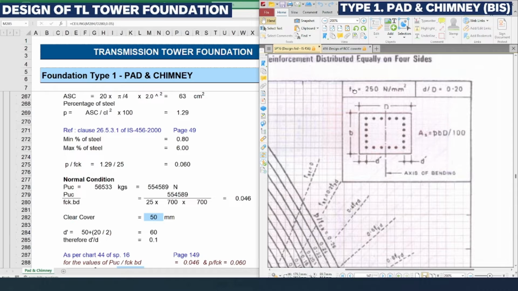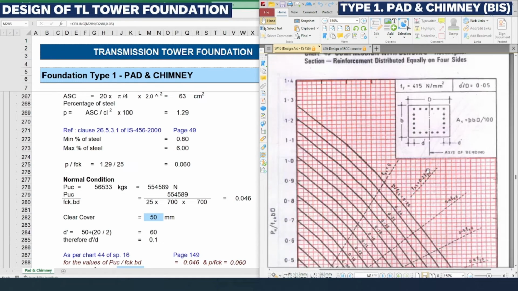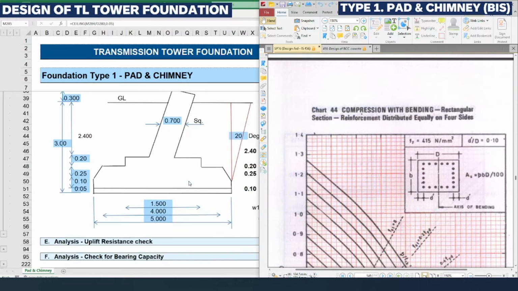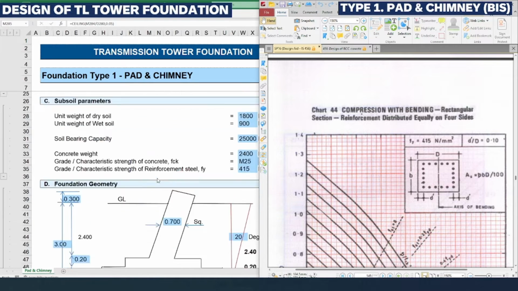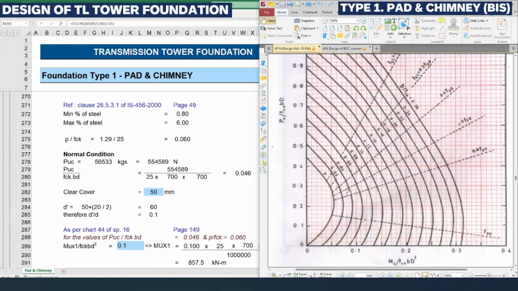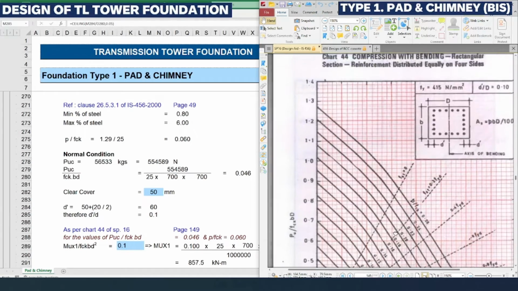Also the steel grade we need to check. It is 415. In our case also we had considered 415 as the steel grade, as you can see in the Excel sheet. So our exact chart we need to refer to is 44.